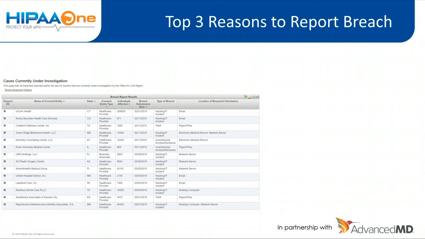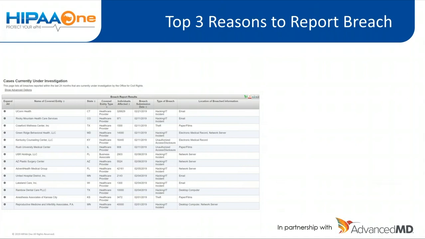So there are responsibilities you have using Advanced MD, just like there are responsibilities you have using Office 365. When you reach HIPAA compliance, meaning all your settings are compliant and you're doing everything you're supposed to be doing, you have a foundation for physical, administrative, and technical safeguards that are proactive, detective, and reactive to really help you block. And if you have one thwarted phishing attempt, it pays for itself easily.